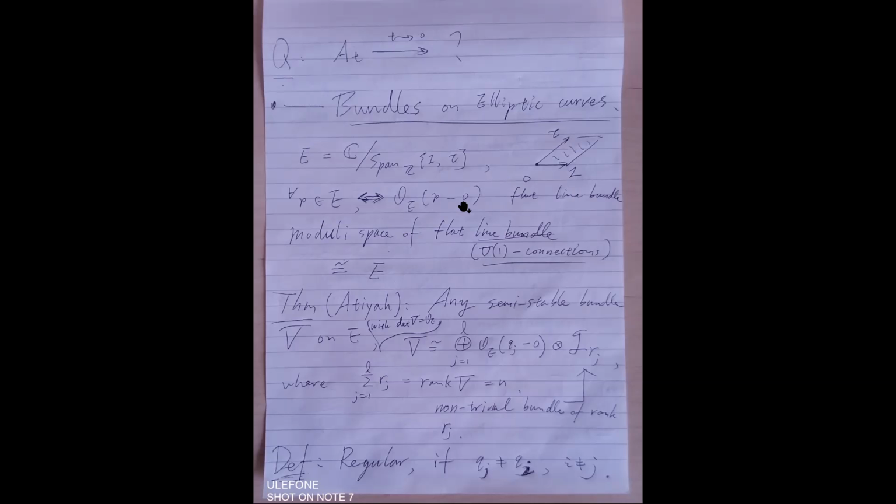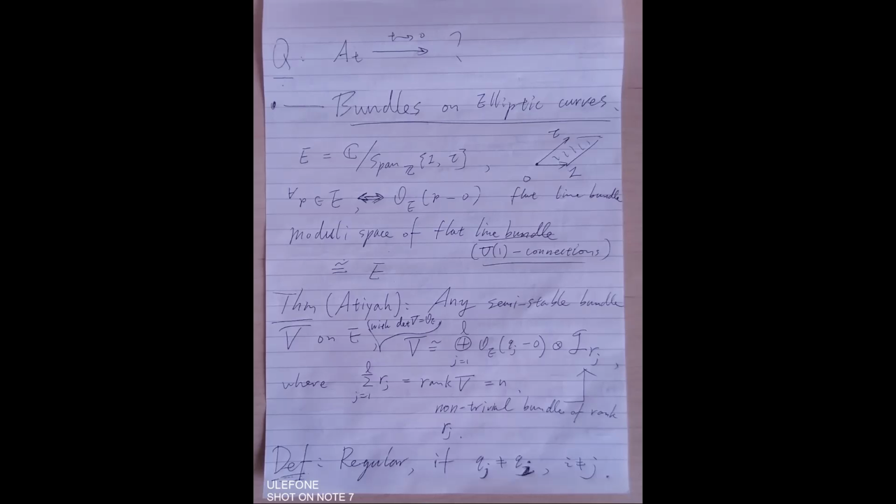And of course, we have the zero point, the origin of the elliptic curve, also a divisor. Then these two divisors subtracted together define a holomorphic line bundle. And this line bundle, of course, is flat, because it is just degree one divisors subtracted. So it's a flat line bundle.